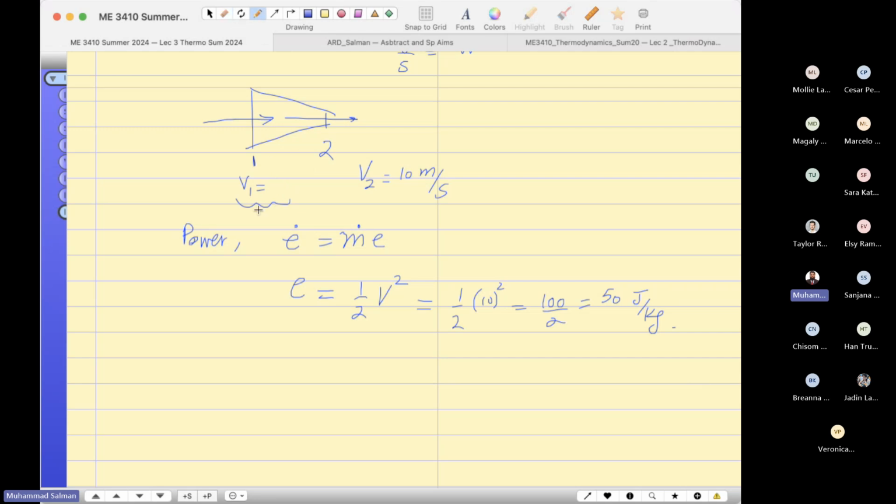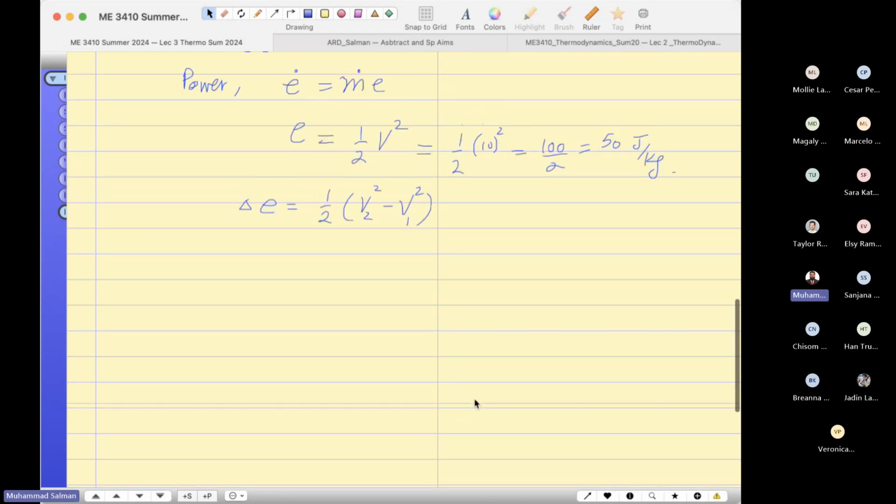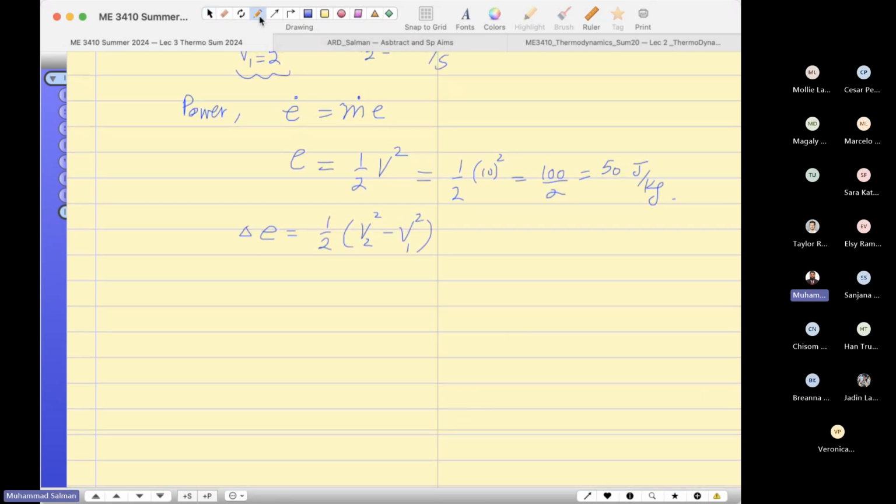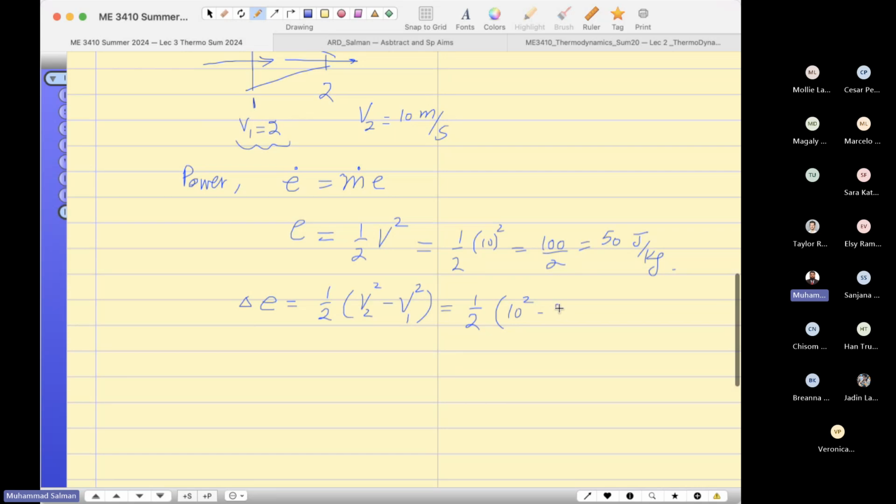Let's say it is 2 meters per second, so you can still use the difference of energy in 2 points, half v2 square minus v1 square. This will give you the energy generated by the nozzle, half 10 square minus 2 square.